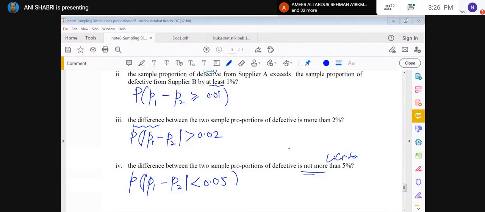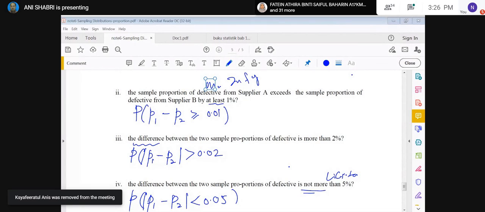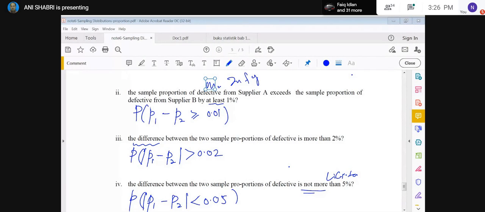Okey, nombor 3. Anis ada. Zahin ada. Zahin ada tak Zahin? Ada doktor. Nombor 3. Okey, Zahin nombor 3. Okey, yang lain tengok je lah. Apa siap? Aku tak tahu. Zahin mute. Zahin. Okey doktor.